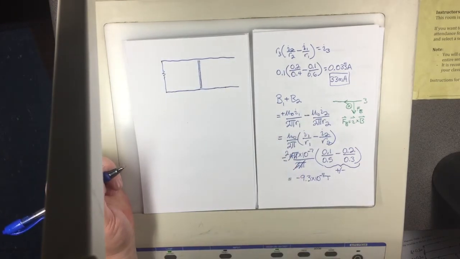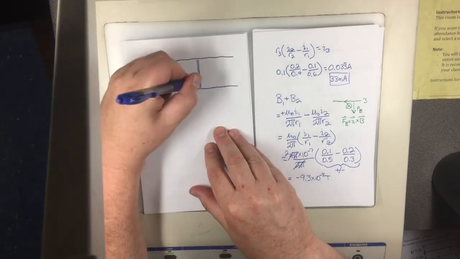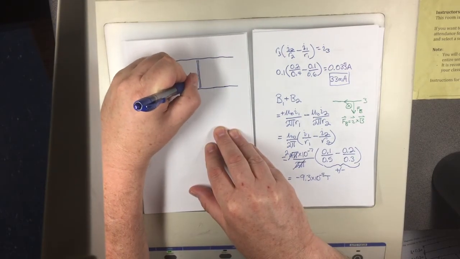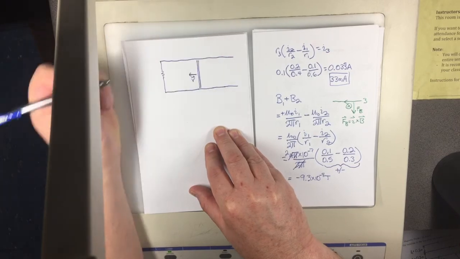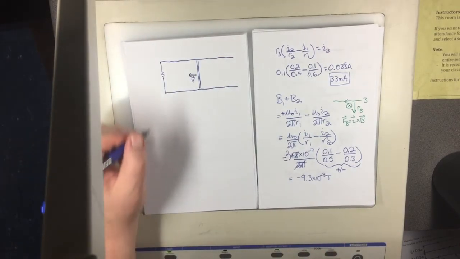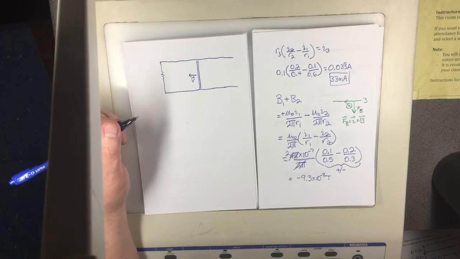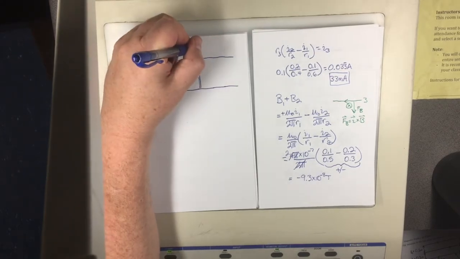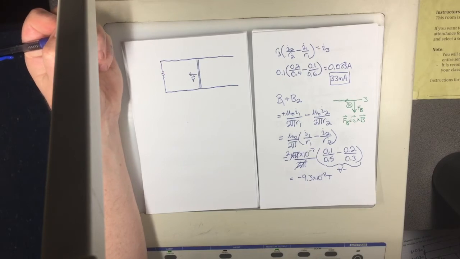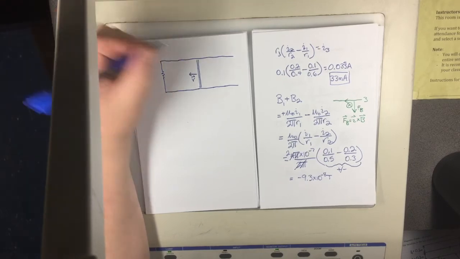One of the things that I would like to know, and this will be the choice of the class, is the bar moving to the left or right? Moving to the left, okay. Do you want the B field in or out? In, okay.